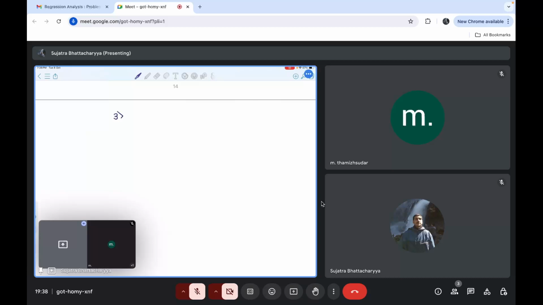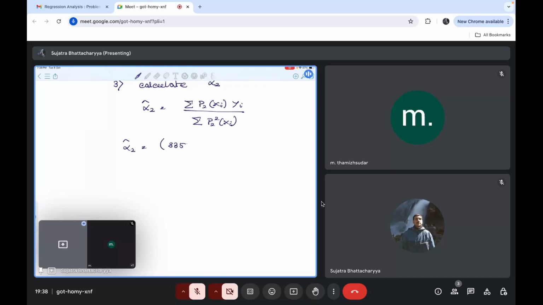Similarly, do alpha 2 hat. So third is: calculate alpha 2 hat. Alpha 2 hat is similarly the summation of P2 xi into yi divided by the summation of P2 square xi. I'm just writing; you might have understood how to do it.